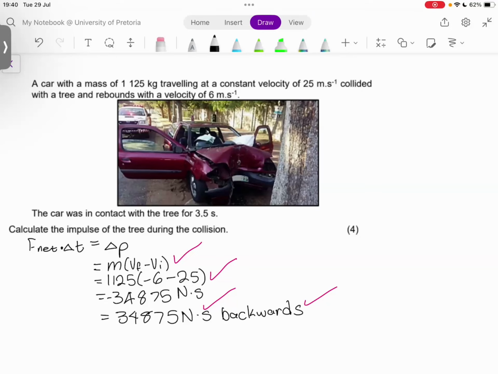You could say that the direction is west, granted that you state in your working out, you're taking the initial direction as east. Cool. Somebody else said, I did not divide by time. I did not have to divide by time because I'm working out impulse. Impulse is the product of the net force and time.